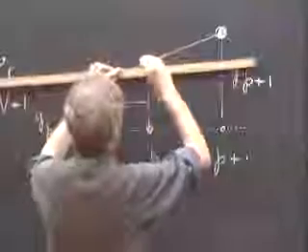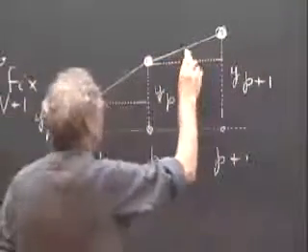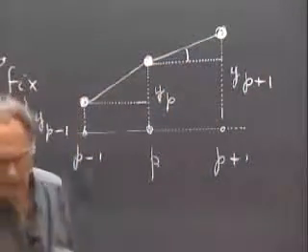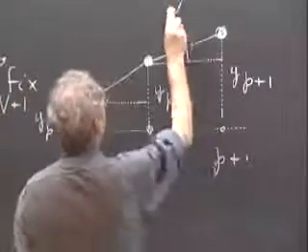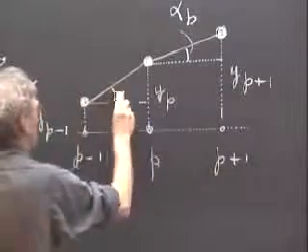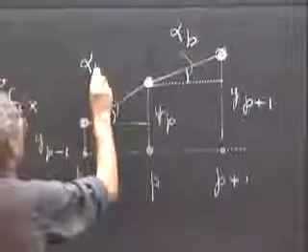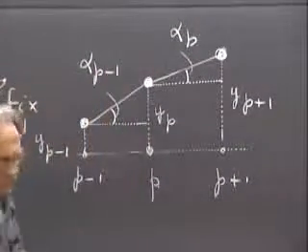We draw this line. I will call this angle alpha_p. And I will call this angle alpha_{p-1}.